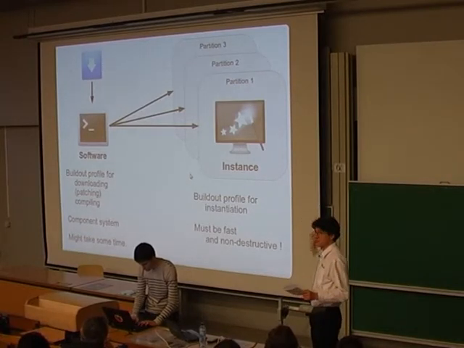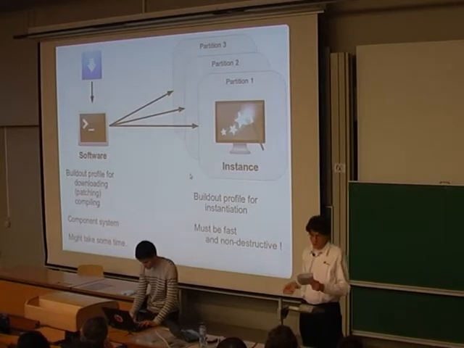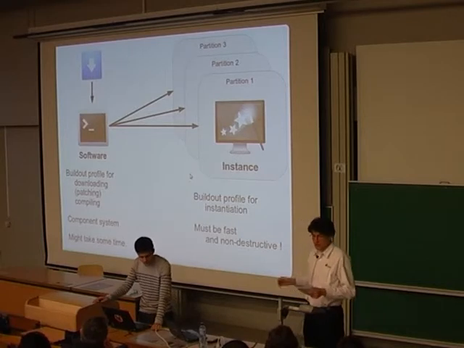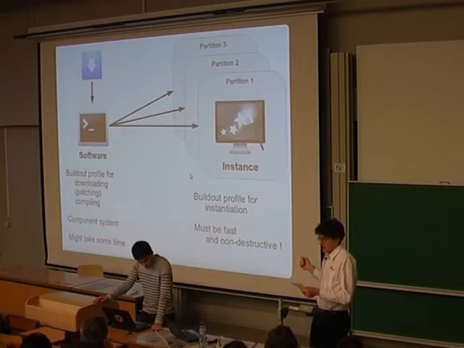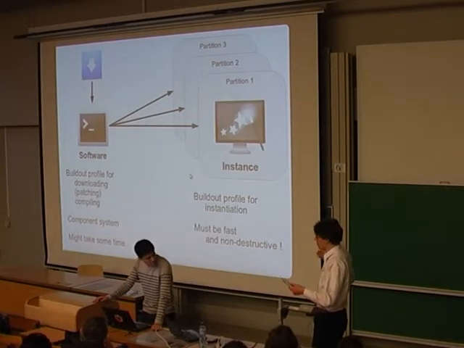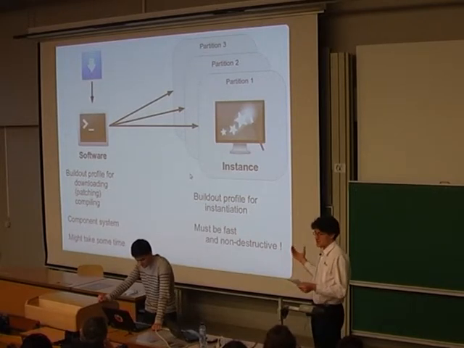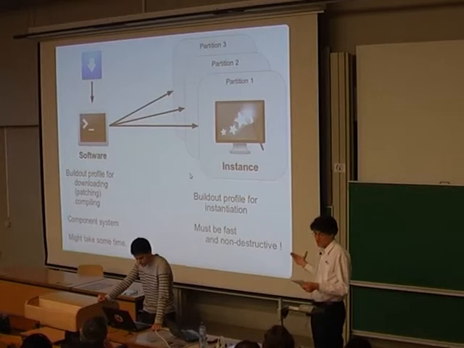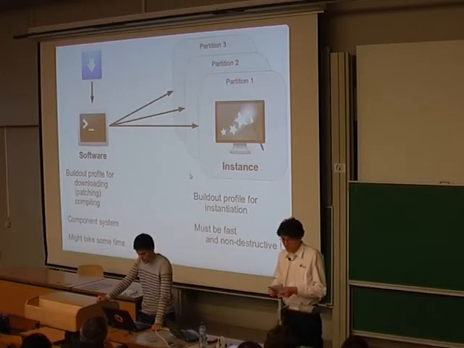A partition is a distinct place. Think of it like a .application directory within your home directory. Each partition has its own Unix user, its group, and IPv6 address, and that's how they are separated from each other. The instantiation step can get repeated in order to ensure that the software works correctly. So that means instantiation must be fast, in the order of some seconds, and it must be non-destructive. Of course, all user data must be kept.